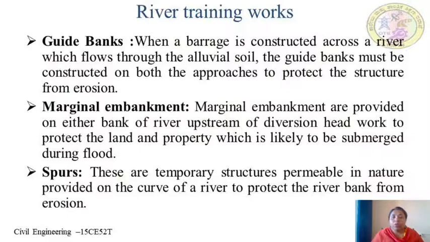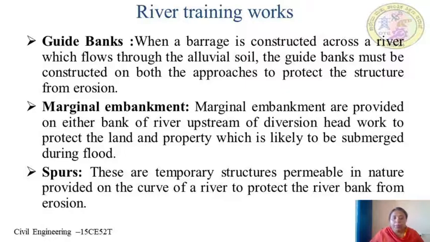And next, coming to marginal embankment. These are the earthen embankments which are constructed parallel to the river bank on both the banks according to the condition. So these are provided on the bank of the river on the upstream of the diversion headwork in order to protect land and property, and also to prevent the property from submerging during the flood.